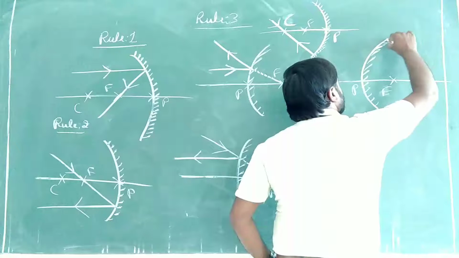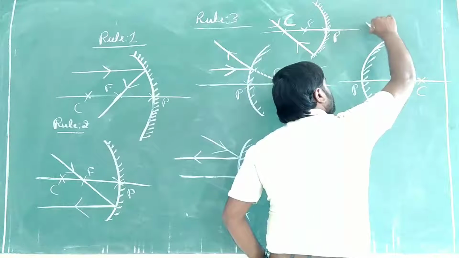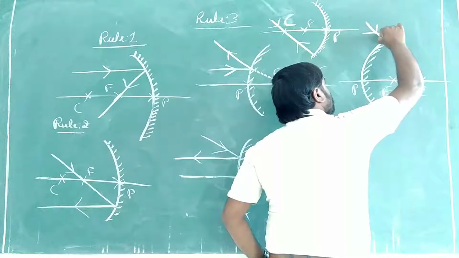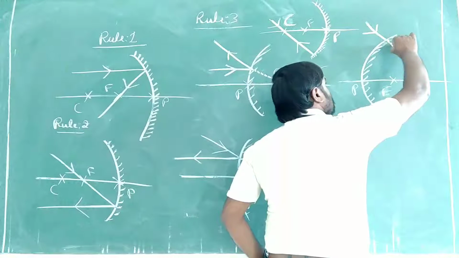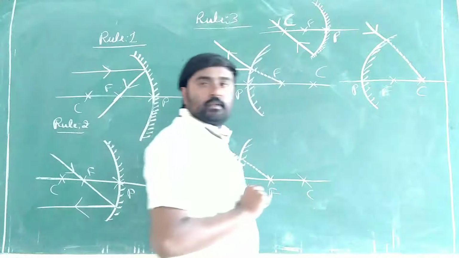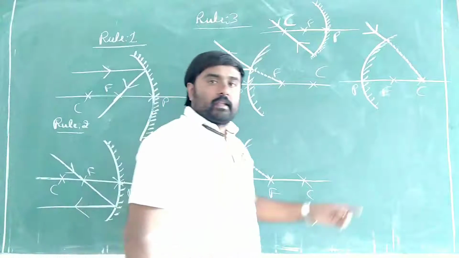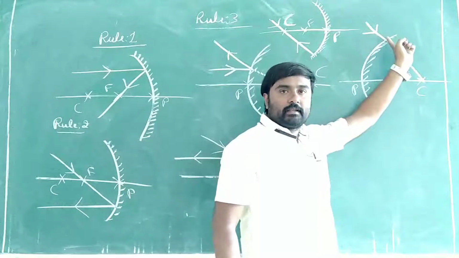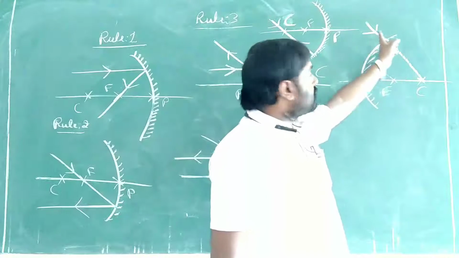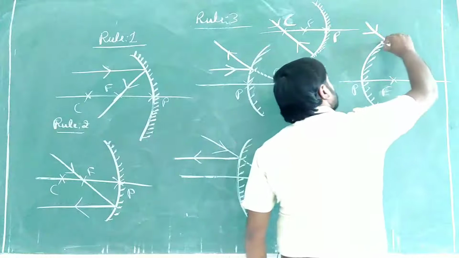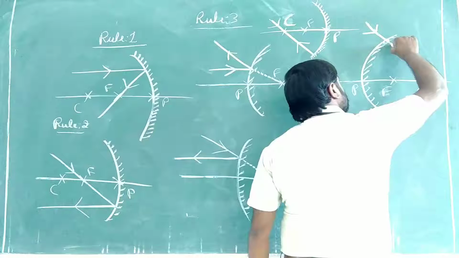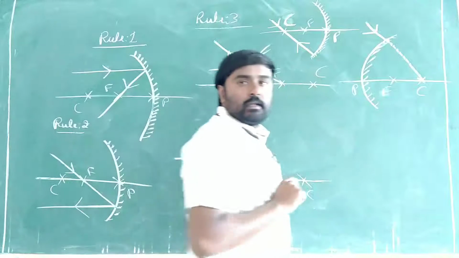So whenever the ray of light is incident on the silver surface of the convex mirror, the ray appears to pass through the center of curvature.